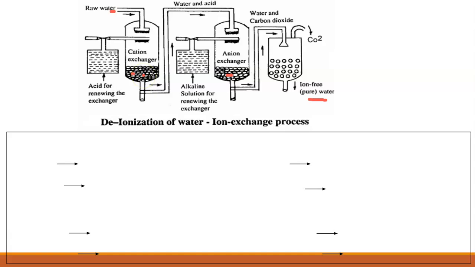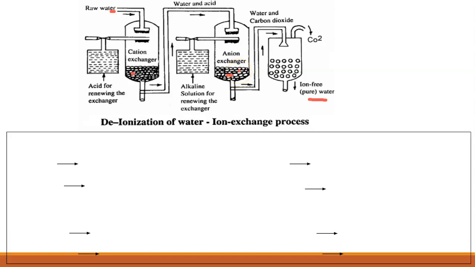Now, after using, there will be a time when all the H plus ions present in the cation exchanger would be exhausted. There will be no more H plus ions available for the exchange process to take place. Similarly, the OH minus ions present in the anion exchanger will also be exhausted.